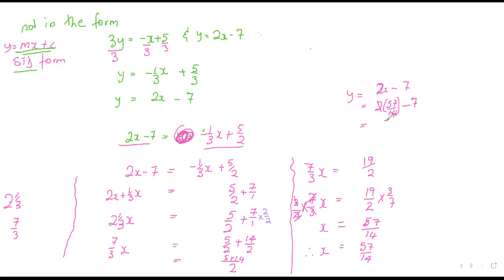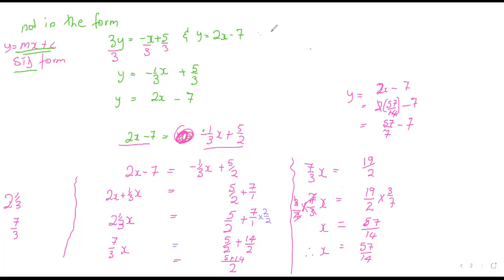That is 57 over 7 minus 7. 7 times 7 is 49.